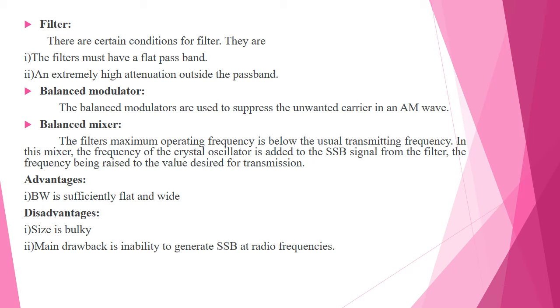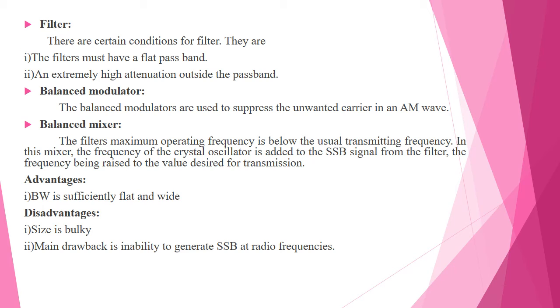The next one is the balanced modulator. So balanced modulators are mostly used to suppress the unwanted carrier in the AM wave. Okay, so next we have the balanced mixer. In this balanced mixer, the filters will maximize the operating frequency below the usual transmitting frequency level.